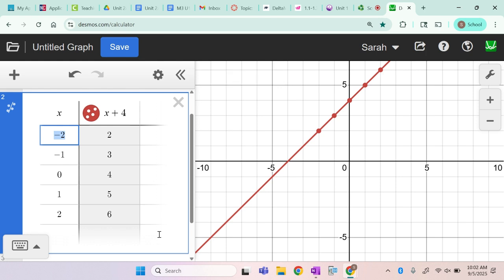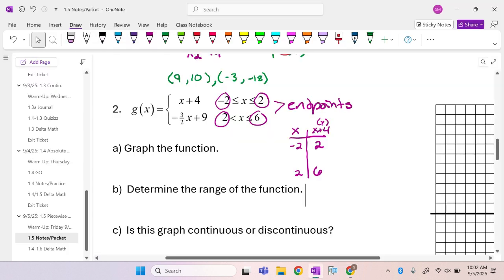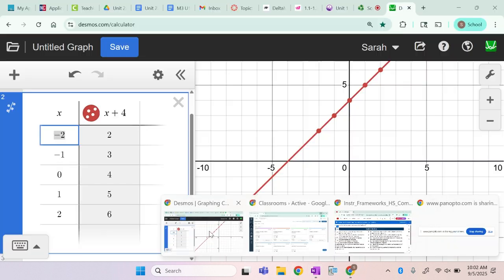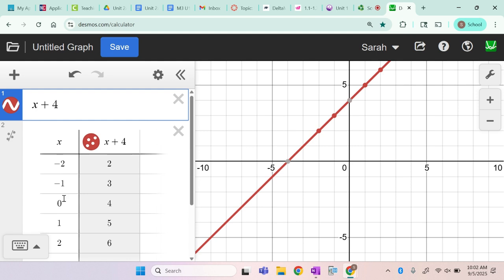Now, you also may want to put in one more point that is between these two. Because remember, if we have a compound value, that means it's between these two numbers. So I would pick one more point that's between those two numbers. So if I go back to Desmos, let's say I pick 0 because that's about halfway between them.